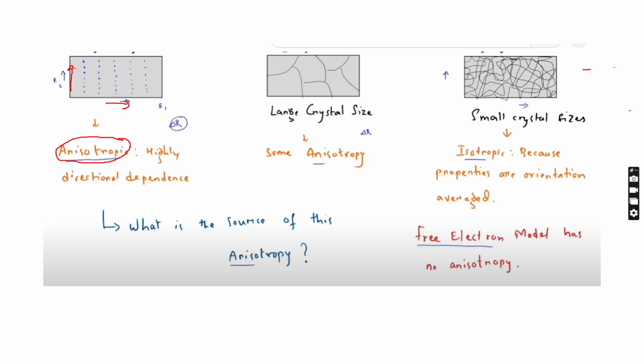Now if we look at polycrystalline material with large crystals, we can see some anisotropy, but the degree of anisotropy will be comparatively less than in single crystals. Let us consider that in this direction it is R1 and here R2; then the difference delta R will be comparatively less than for the single crystal.